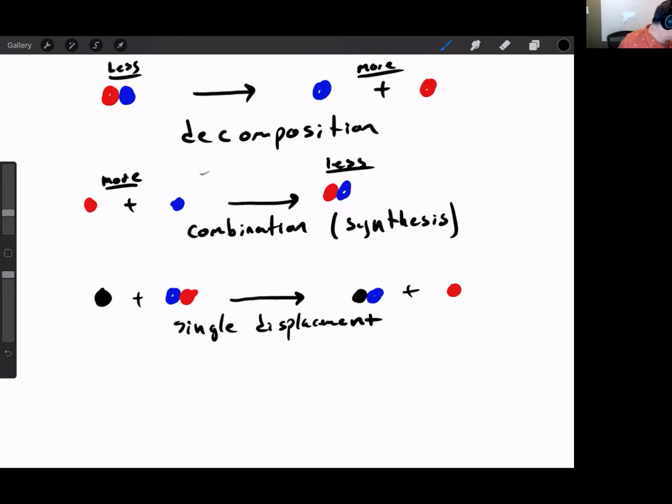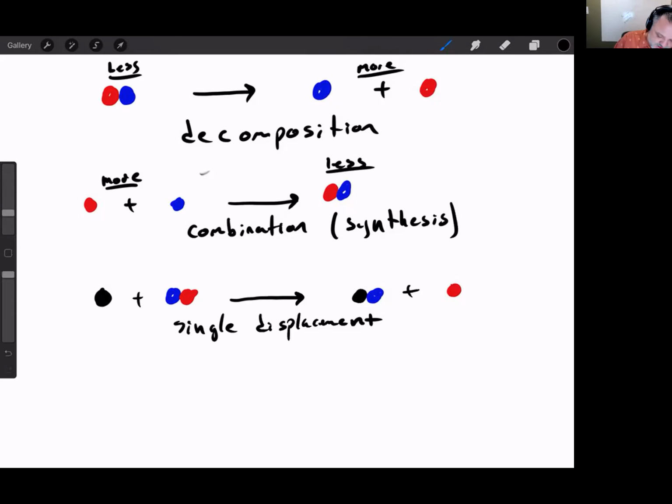So single replacement or single displacement. Let me just look in the book. I want to make sure that I'm jiving with what Tro says. Yeah, no, the word is displacement in Tro.